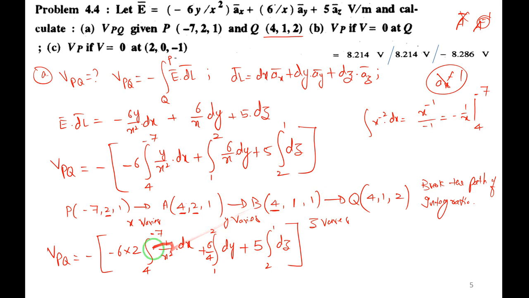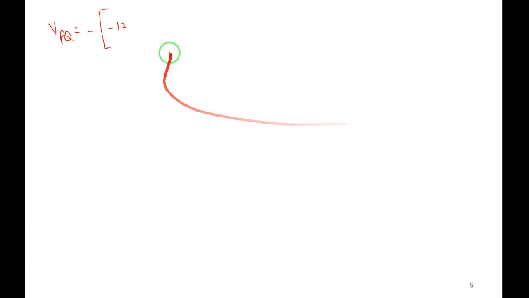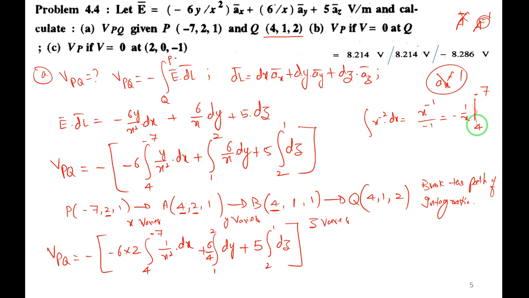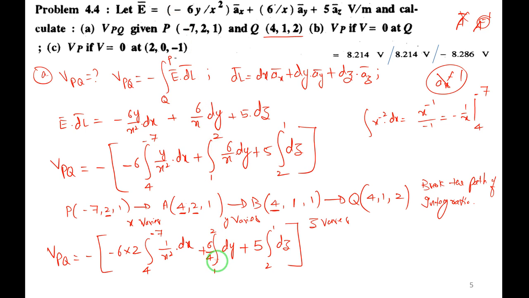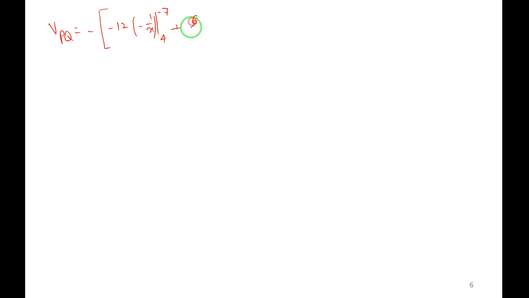So first one integrate, I'll write it here, minus 1 by x, limits varying from 4 to minus 7. Then second one, 6 by 4, upper limit minus lower limit, 2 minus 1, 6 by 4 into upper limit.